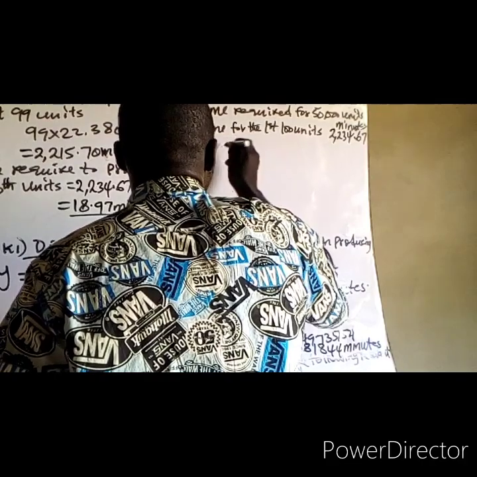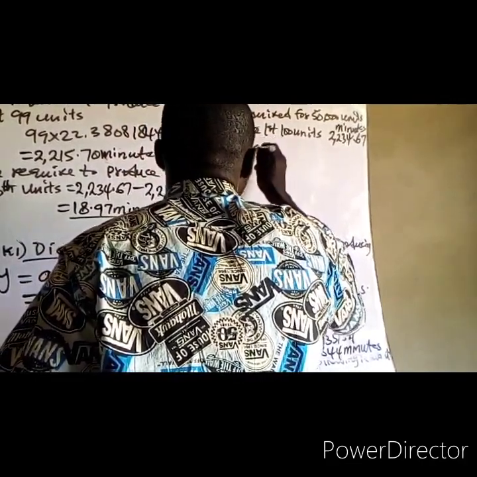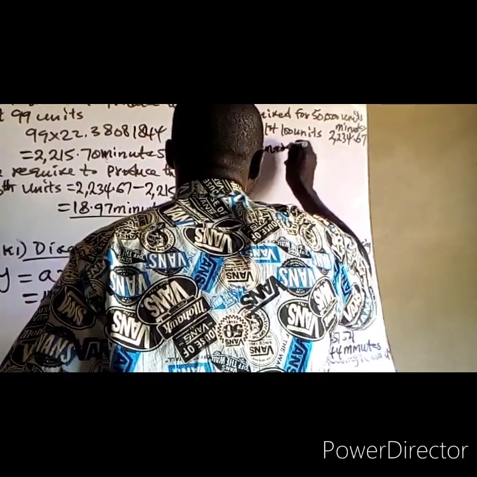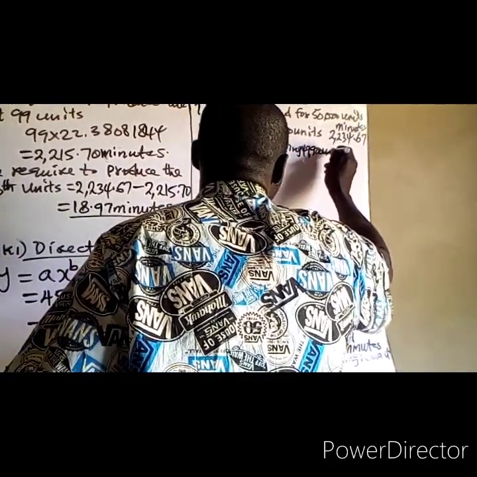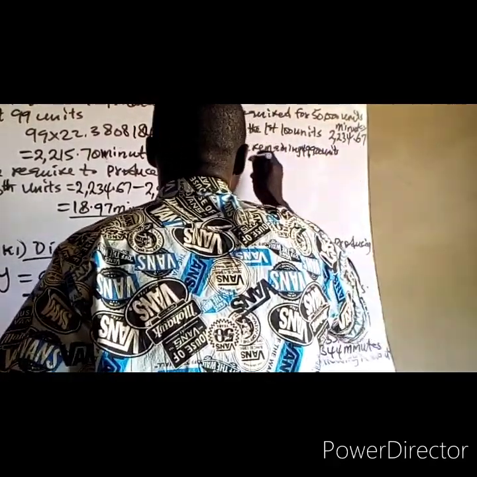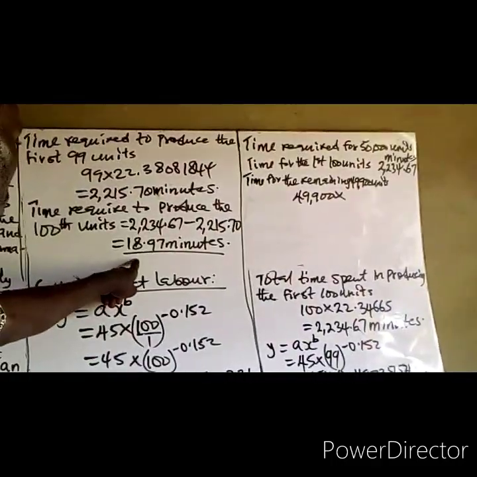Time for the remaining 49,900 units will now be 49,900 times the time for the 100th unit, which is 18.97.